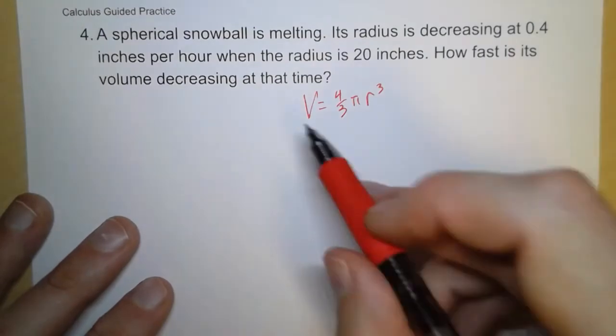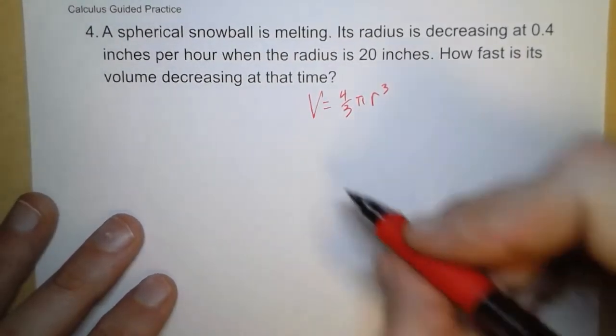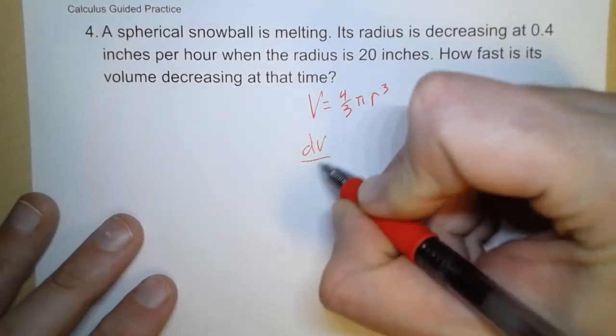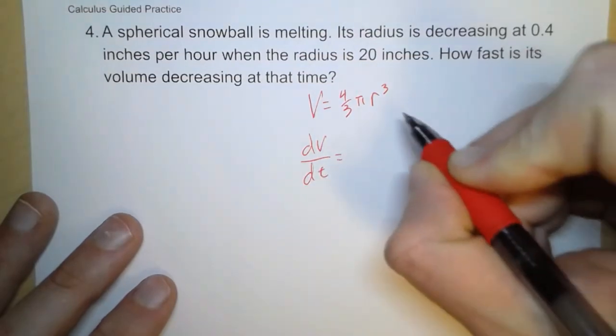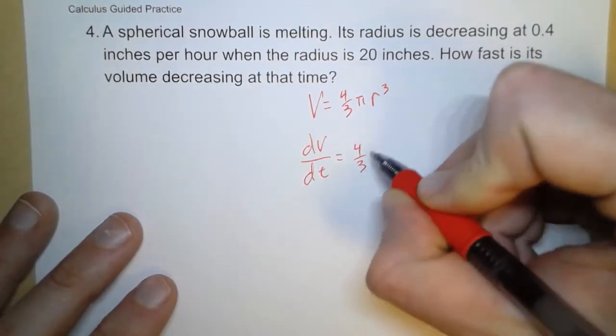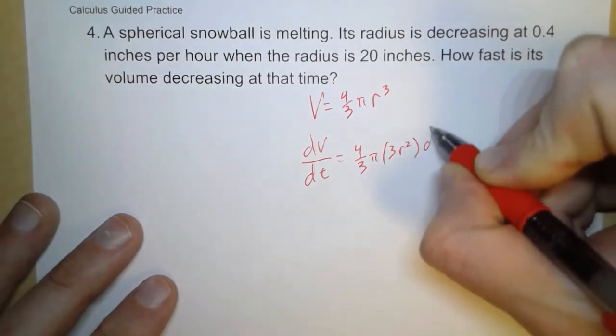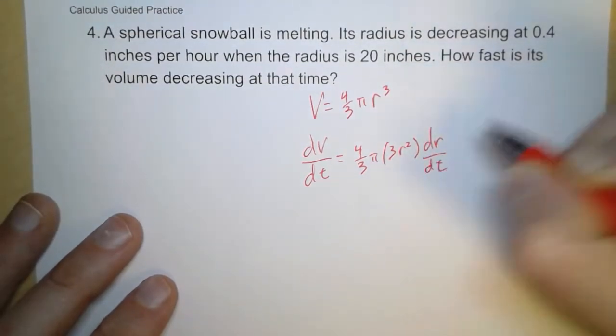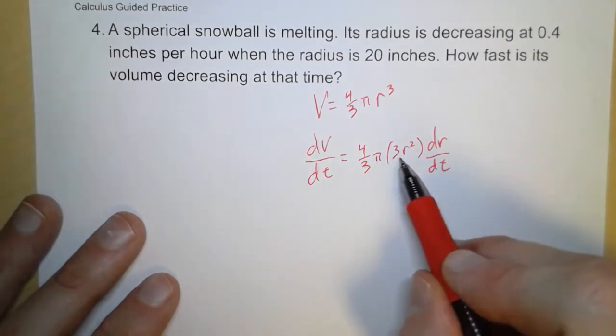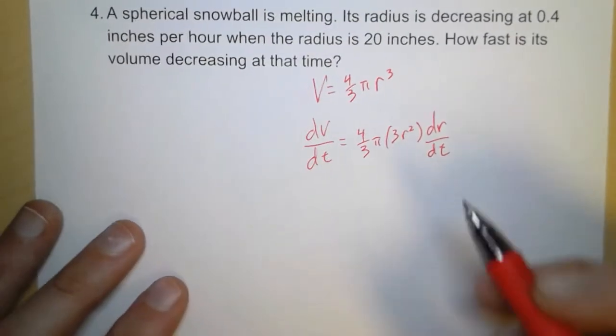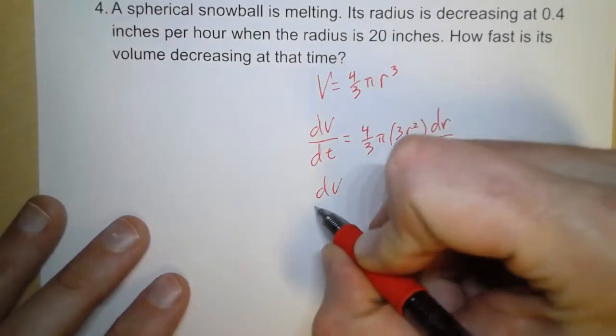All we have to do is find the derivative with respect to time. So dv dt equals 4/3 pi times 3r squared dr dt. And we'll simplify by multiplying the 4/3 and the 3.